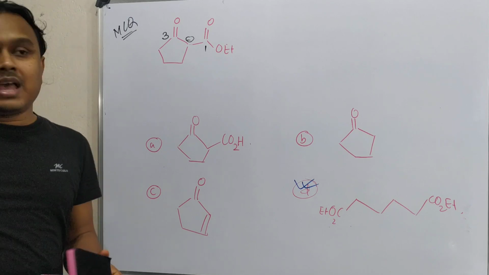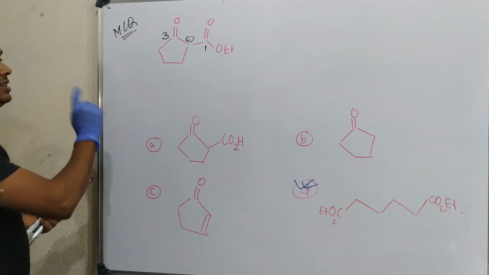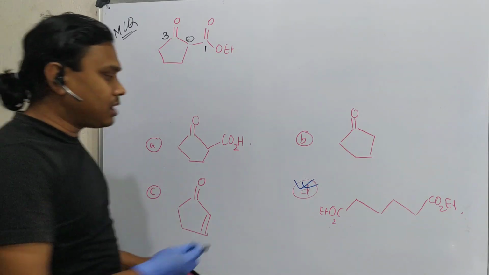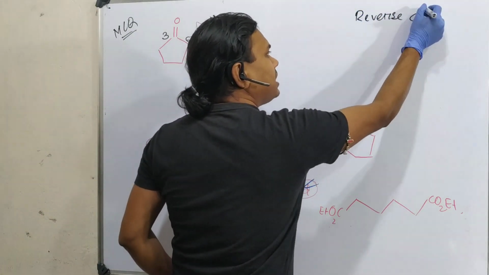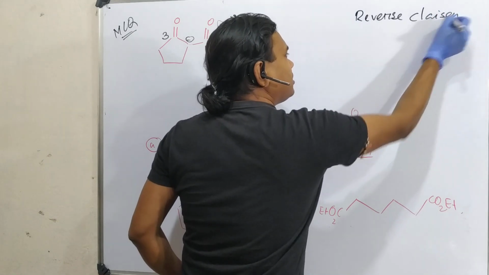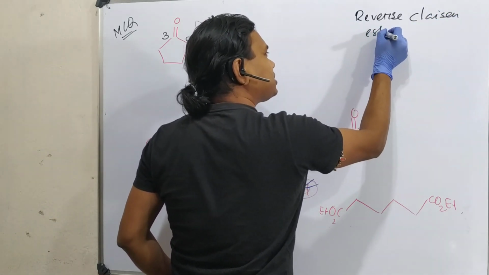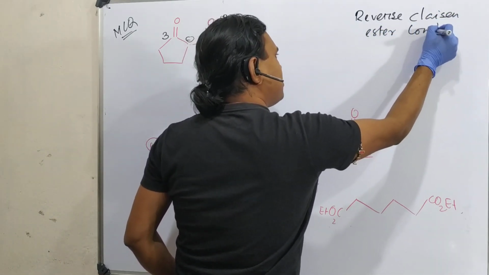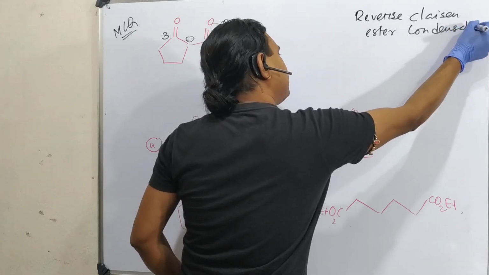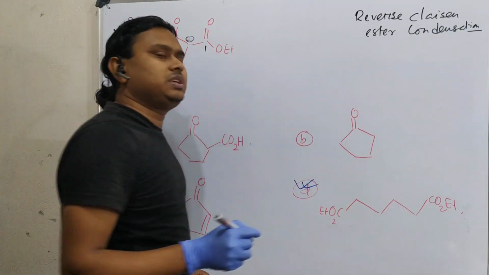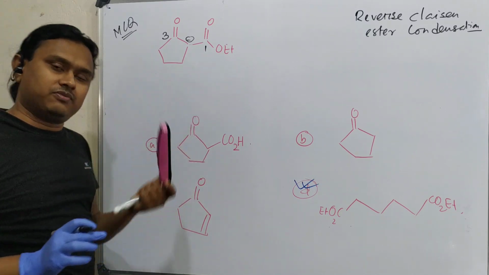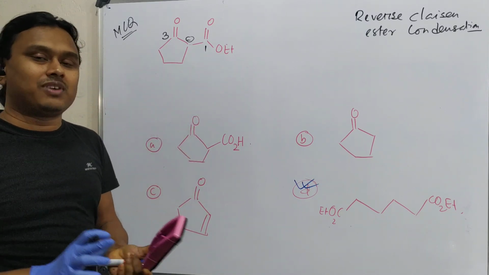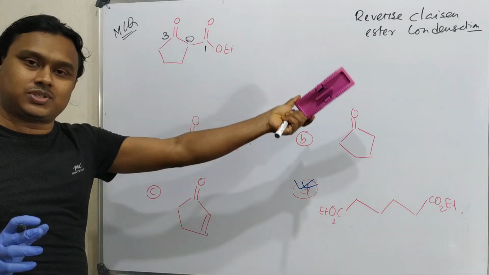By the way, this reaction is an example of reverse Claisen condensation, Claisen ester condensation or Claisen condensation, whatever you say. I have already uploaded many lectures on Claisen ester condensation. Please visit if you have any difficulty in understanding. I am not going to explain these details. I don't want to make this video unnecessarily lengthy. So please visit those lectures. I shall provide the link.